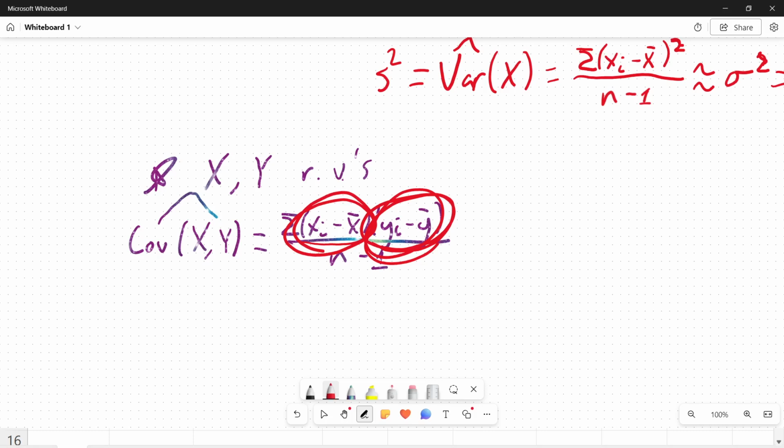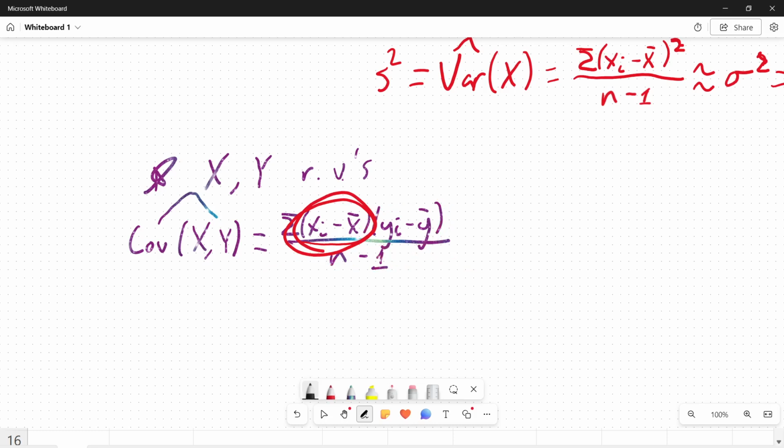If x is above average at the same time as y is above average, then I'll have a positive number on the left and a positive number on the right. And I'm generalizing here: if they're usually above average at the same time, then they're usually below average at the same time, meaning I'd have a negative number over here and a negative number over there, but negative multiplied by negative brings back a positive number.